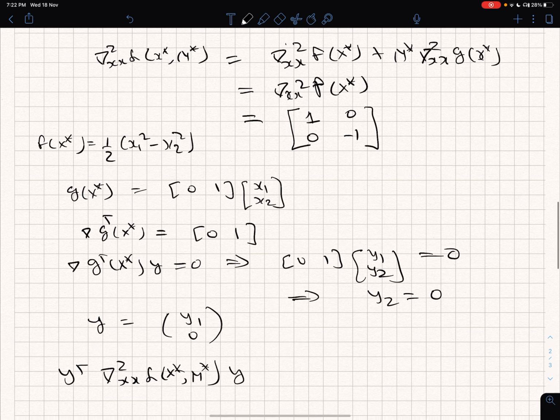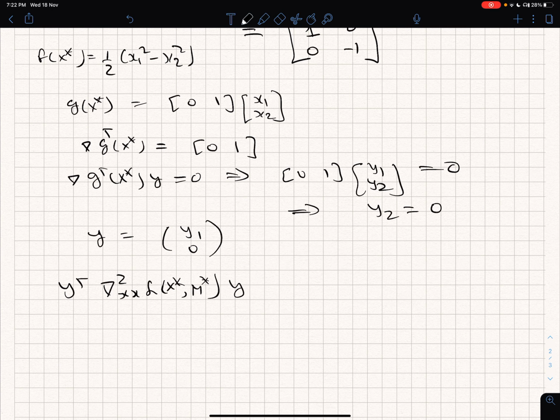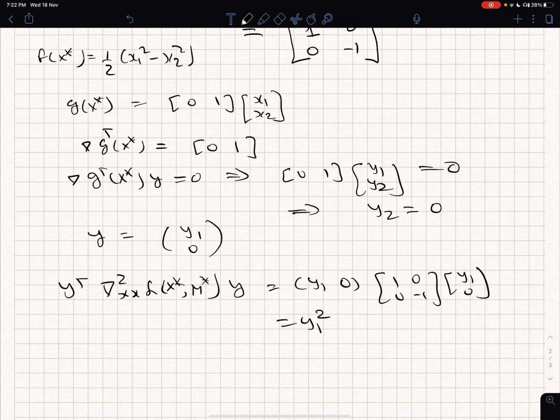And then when you look at this restricted quadratic form, y transpose of this is going to be y1 0 times 1 0, 0 minus 1, times y1 0, which is y1 square, which is greater than 0 because y is not equal to 0 and y is of the form y1 and 0.